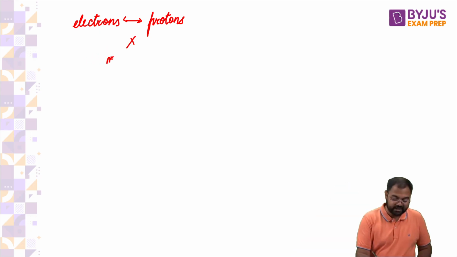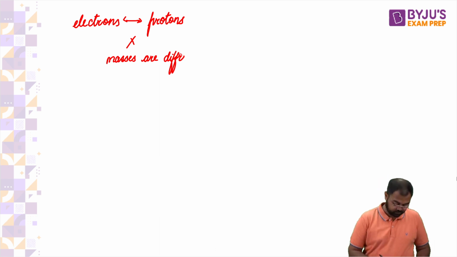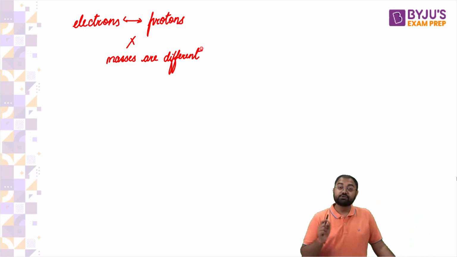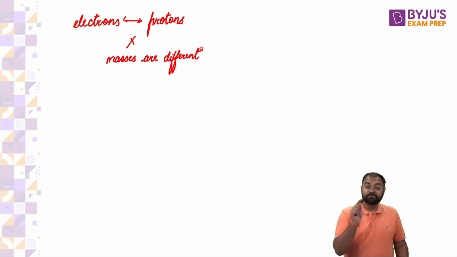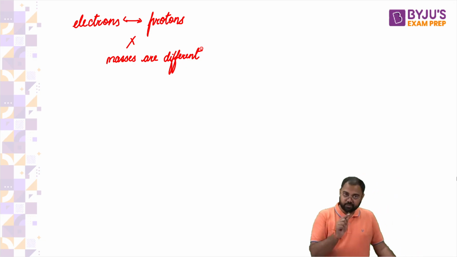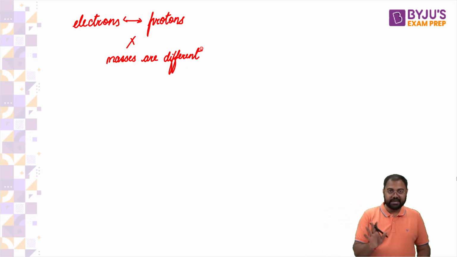Their masses are different, because protons are almost 2000 times heavier than electrons. So for antimatter, they have to have same mass and opposite charge. Here they have opposite charge, but they don't have the same mass, so that's why they are not antimatter of each other.